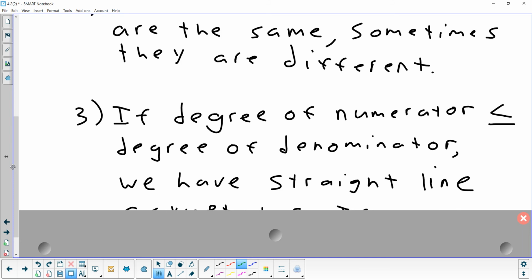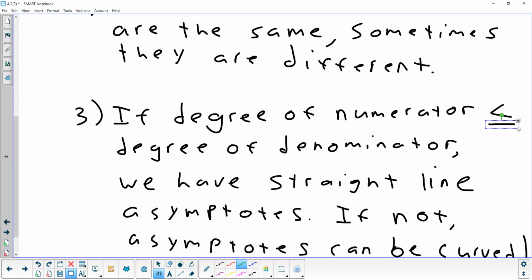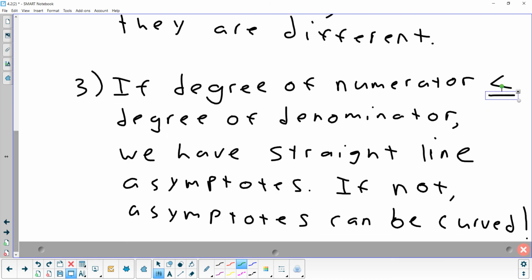When the degree in the numerator is bigger than the denominator, the horizontal asymptote goes away. You could still have verticals. But what you have instead of a horizontal asymptote is an EBA. That is going to take the place of the horizontal asymptote.